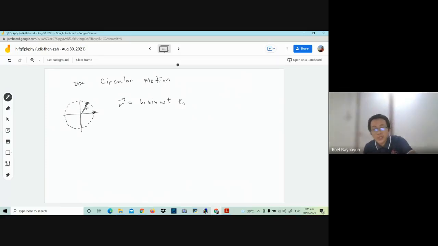This is actually in Cartesian coordinates. But you can also solve this in terms of plane polar, where you write this as some radius times er. By the way, the radius here is not r but b, and this is theta.